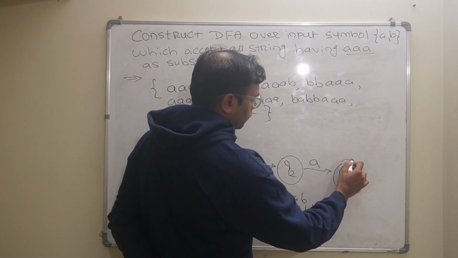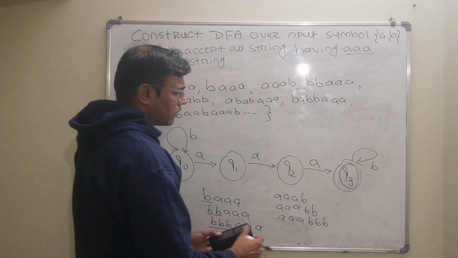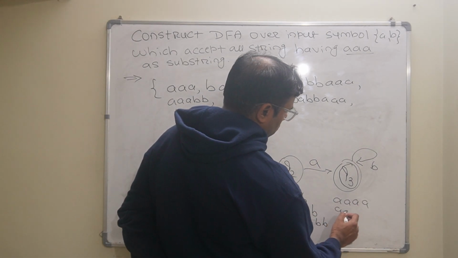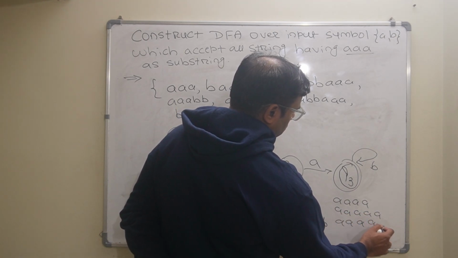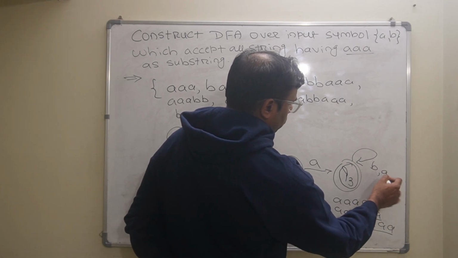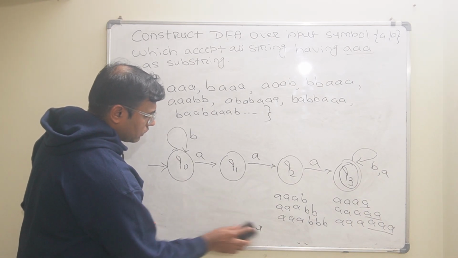So it will accept any number of B. Then the possible strings can be AAA, then AAAA, then AAAAA. So it will accept any number of A. So B comma A, so that it will accept any number of A. So these are some of the possibilities.